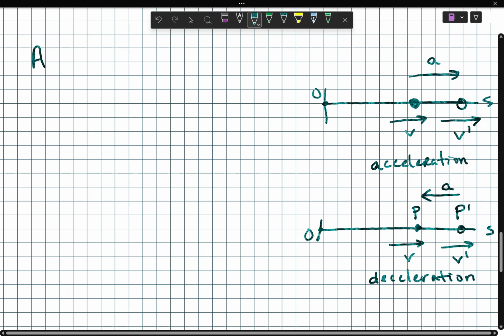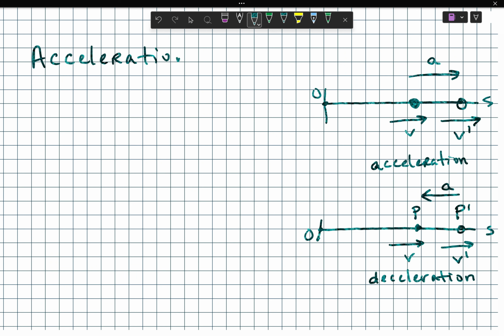Okay, so now we have acceleration. Acceleration is the rate of change in the velocity of a particle. It's a vector quantity.